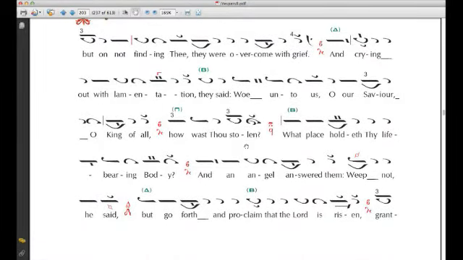Weep not. Anyone want to say what happens there? It turns into the hard chromatic scale. That note, whatever it happens to be, we'll figure out what it is. That becomes what note in the hard chromatic scale? And then at the end, weep not, he said, it switches back to the diatonic scale.